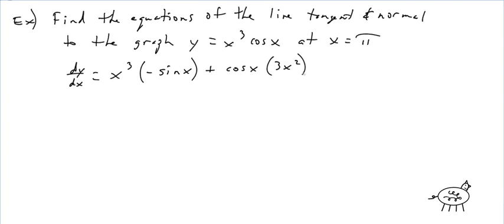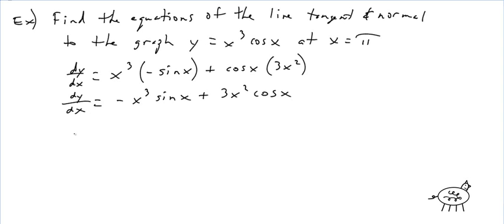Okay, and let's just write it nicely here. We have negative x cubed sine of x plus 3x squared cosine of x. Okay, that's our dy dx. All right, that's pretty mellow.